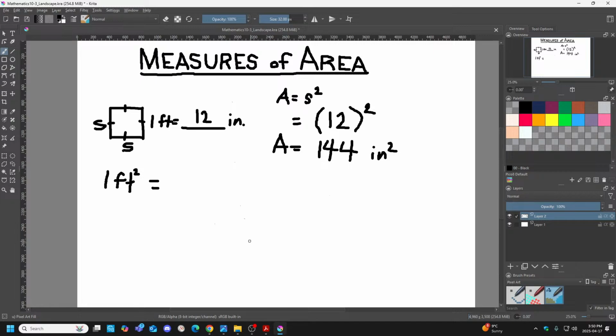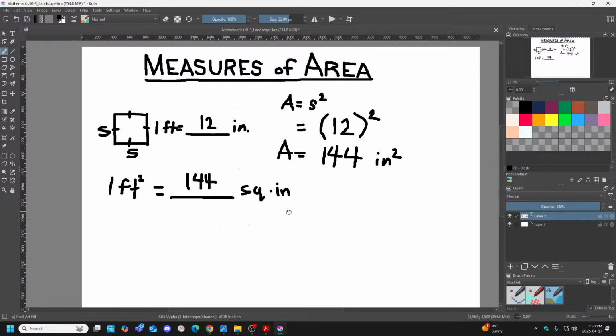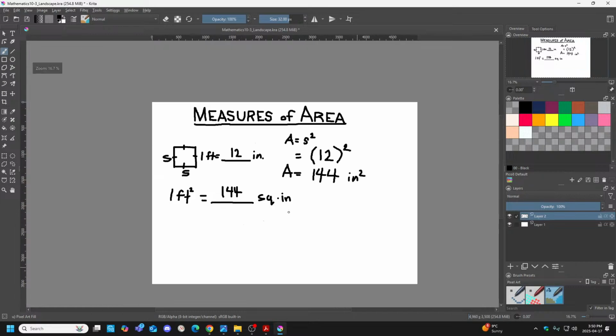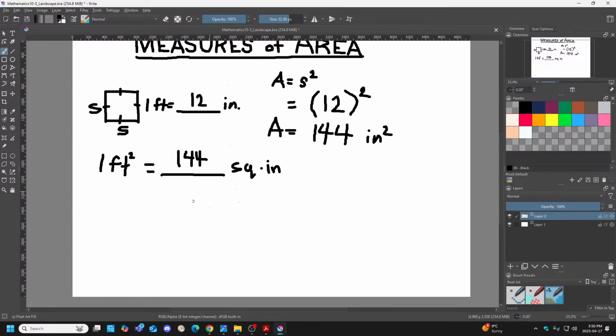1 foot squared is equal to 144. Well, I guess we can write it as square inches. Okay, same thing. Okay, so we've just given ourselves a conversion factor, if that's what they call it.